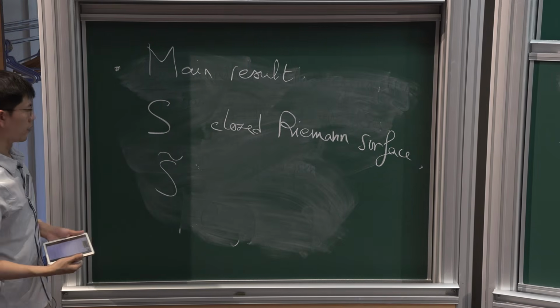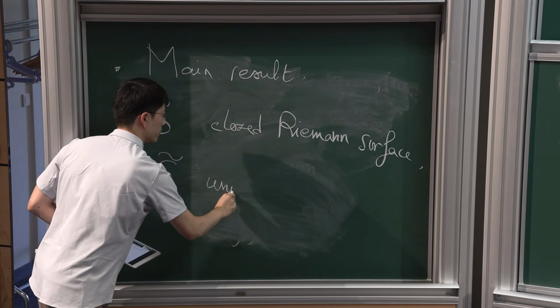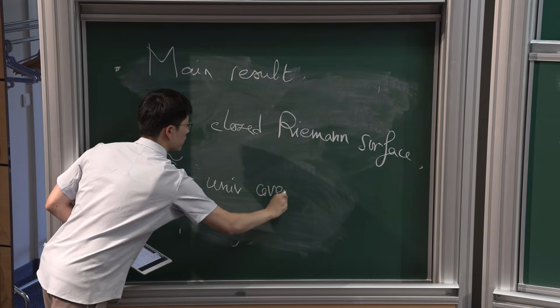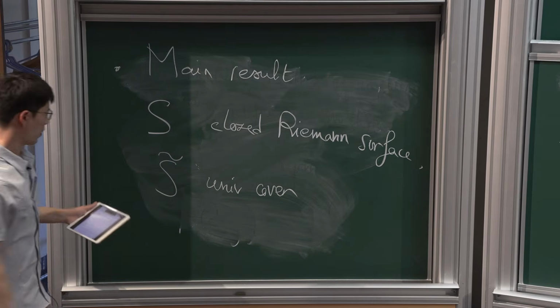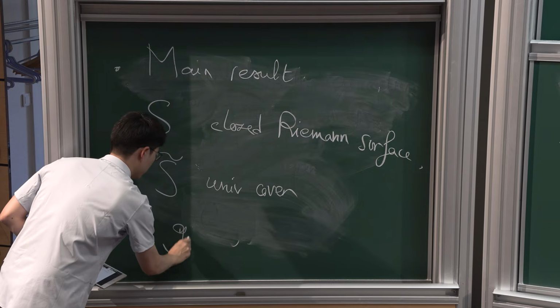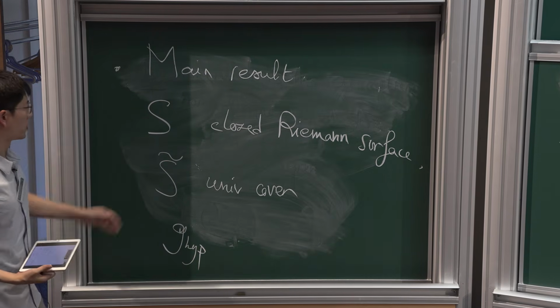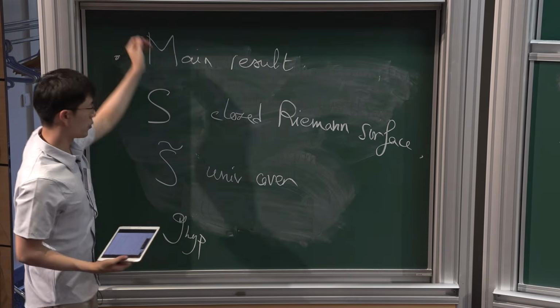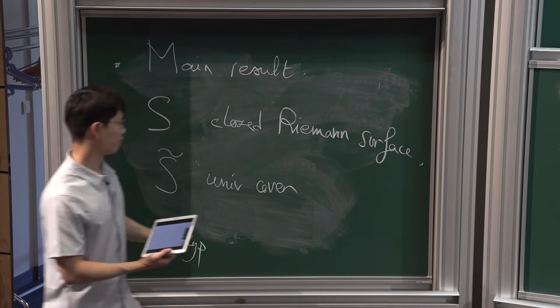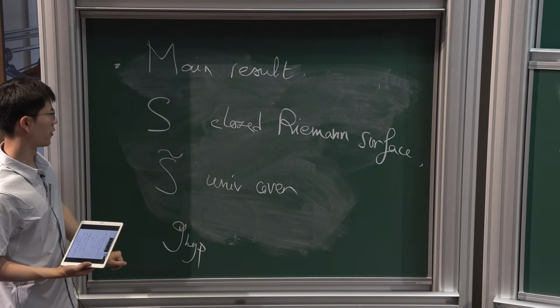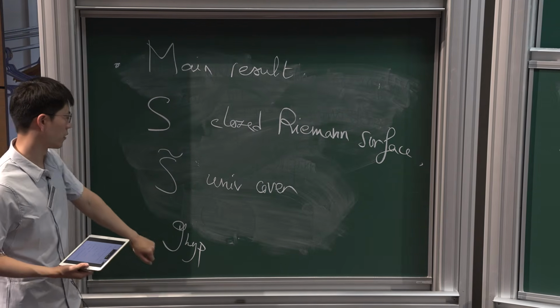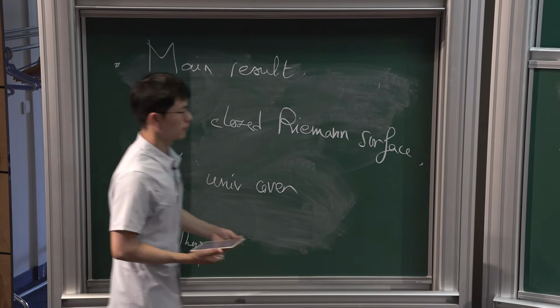S tilde is its universal cover. And I'm going to denote by G hype the unique conformal hyperbolic metric on S. I'm always going to assume that such a metric exists.